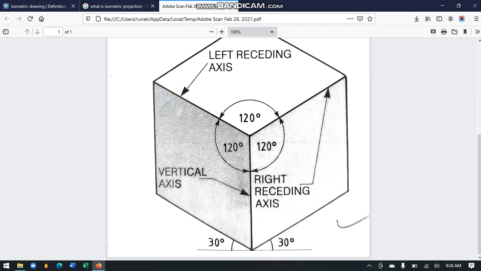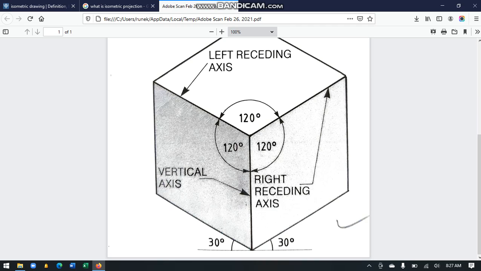Now, another important thing to note is that the reason why this cube is represented in three dimensions is because you have the three isometric axes being shown in this drawing here. You have the vertical axis, that's this line here.